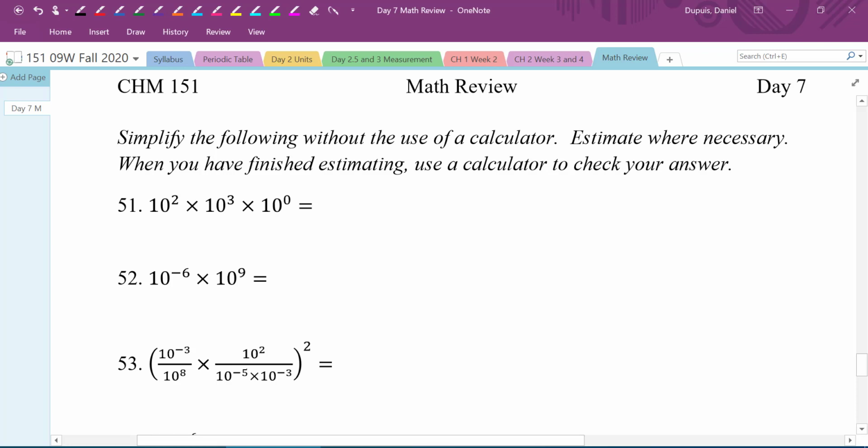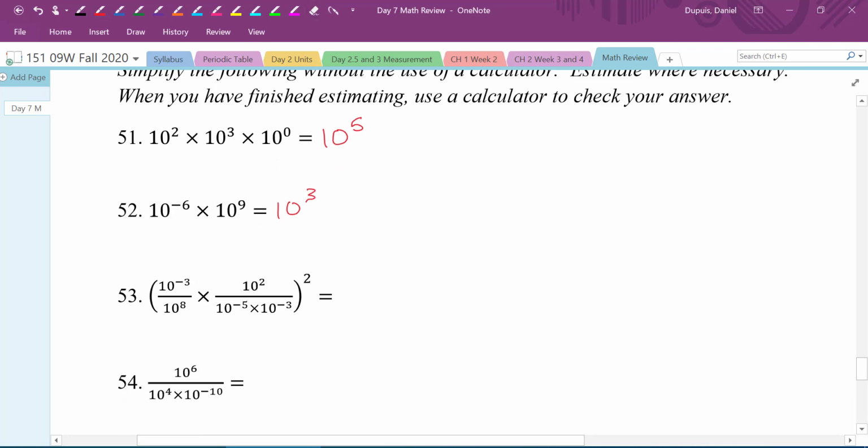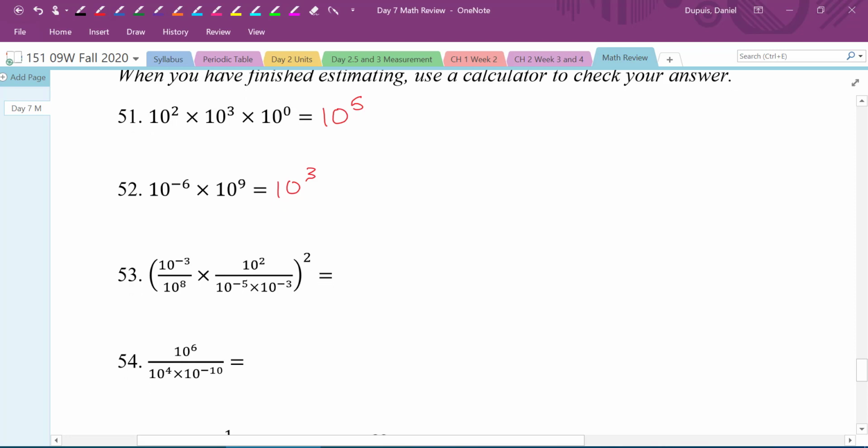So here's how we estimate. Add up the powers. 230 is 10 to the 5th, correct? Negative 6, 9, 10 to the 3rd. This is close because it doesn't really matter what numbers are in front. So if I'm going to get something close to this, 53, what do we have here?